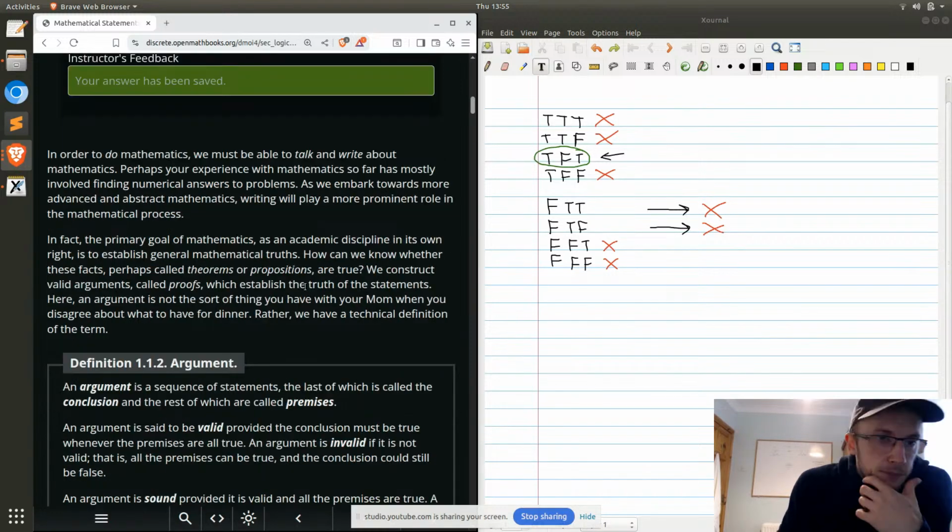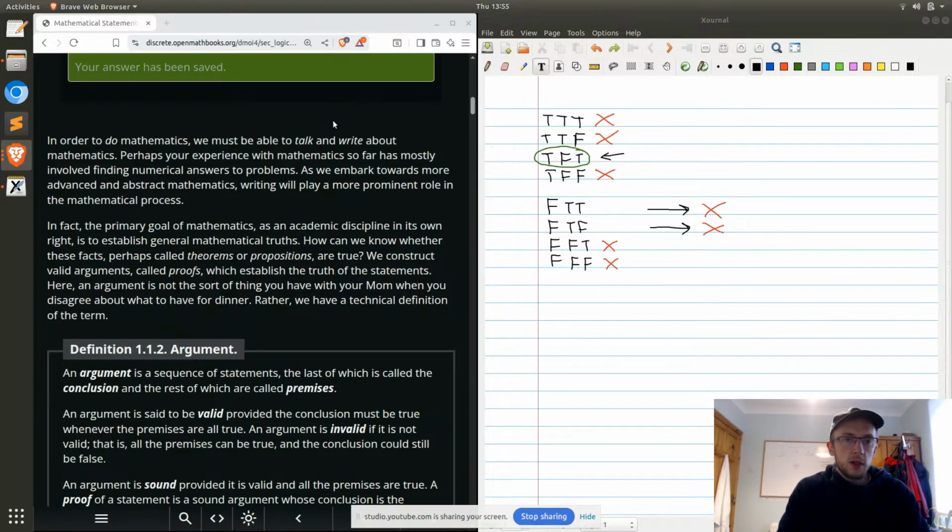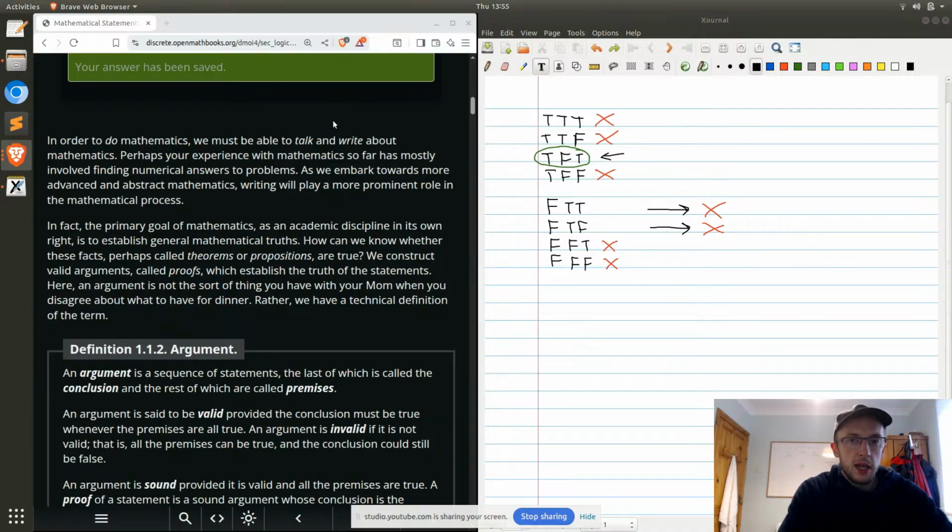Okay, now it goes on to say, in order to do mathematics, we must be able to talk and write about mathematics. Perhaps your experience with mathematics so far has mostly involved numerical answers to problems. As we embark towards more advanced and abstract mathematics, writing will play a more prominent role in the mathematical process.